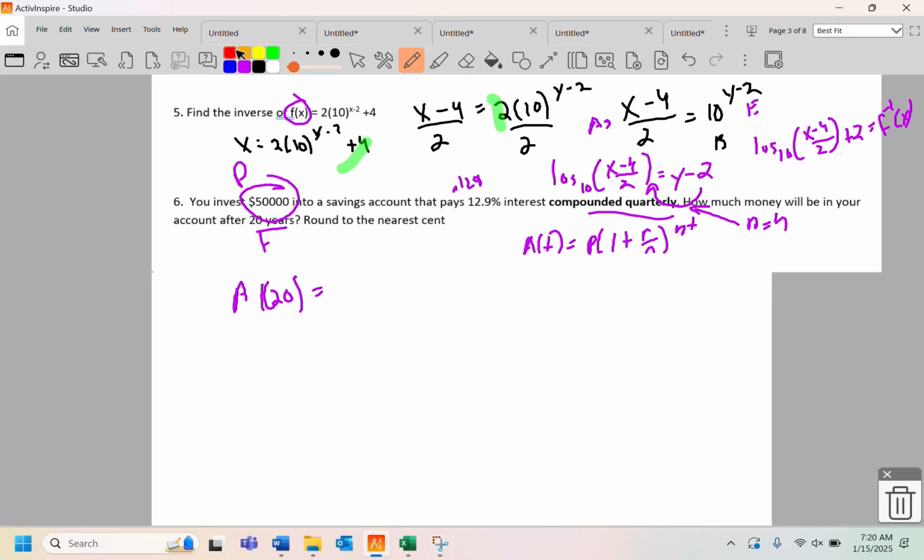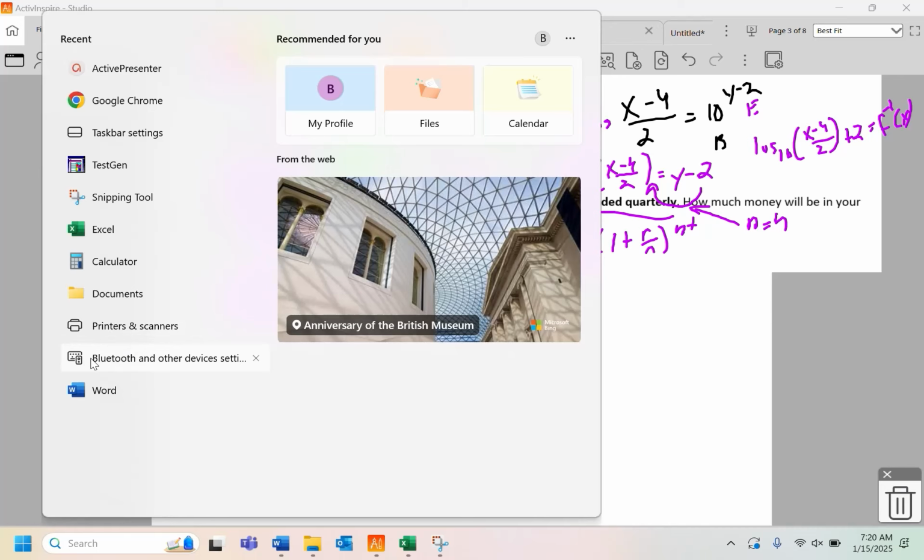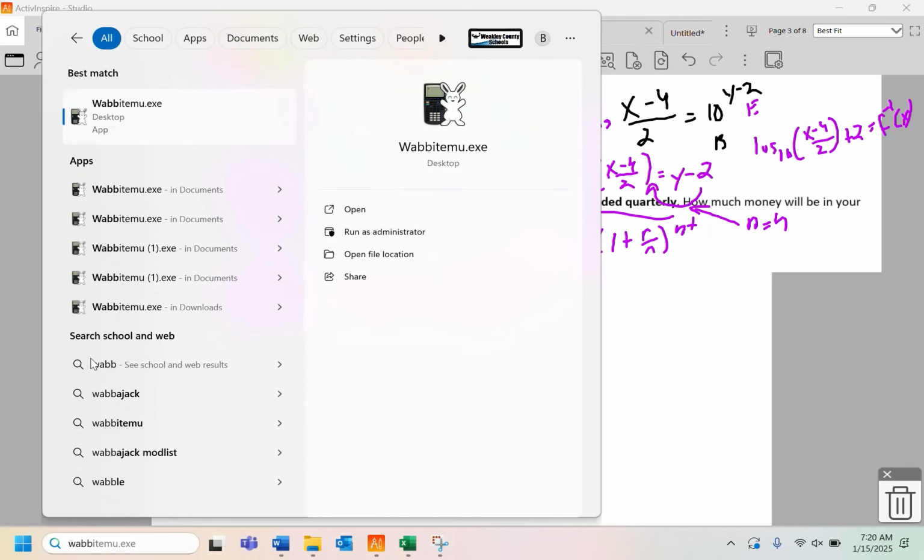So after 20 years, I'm going to have my initial 50,000 times 1 plus 0.129 over 4 raised to the nt, so 4 times 20. And this is a button pushing exercise at this point in time. You guys ought to get this if you can remember your formulas.